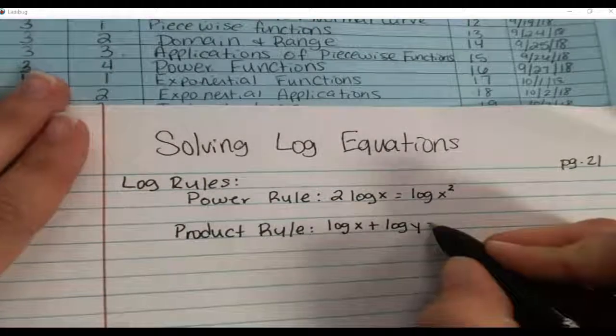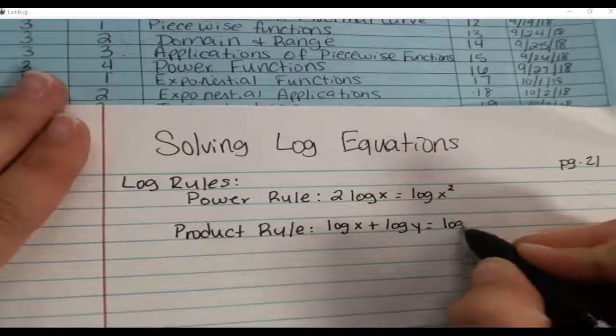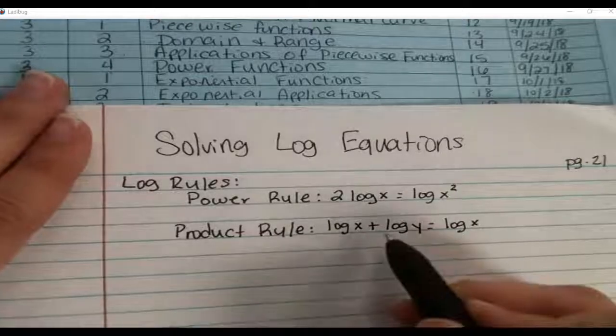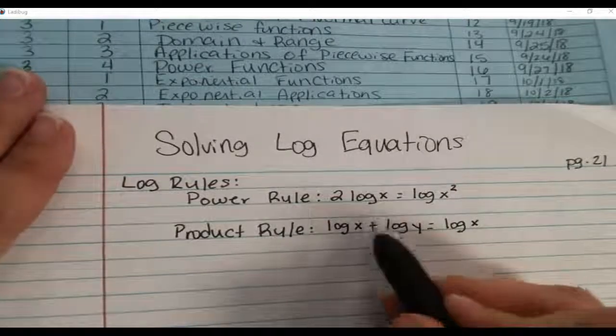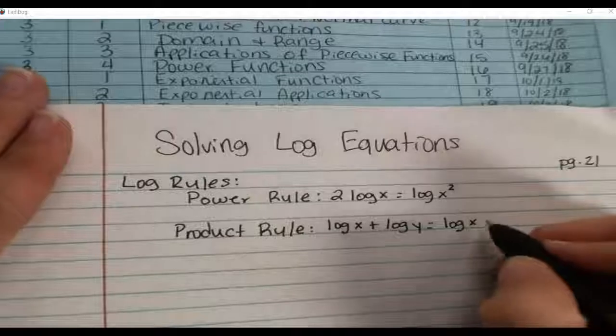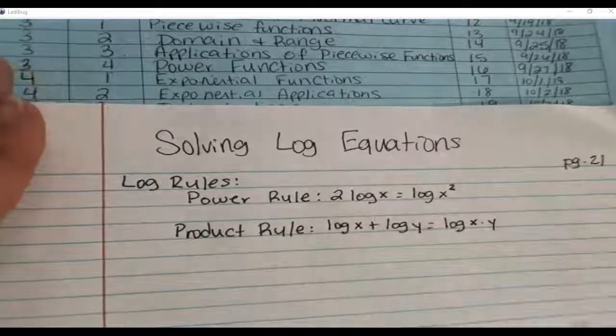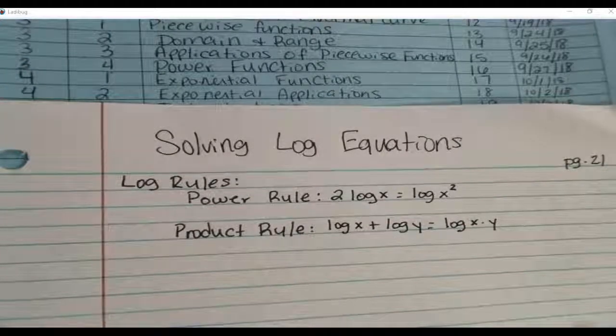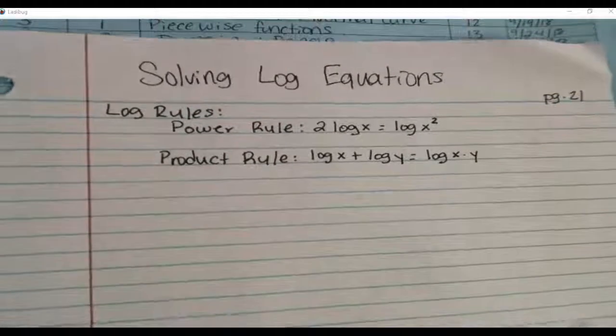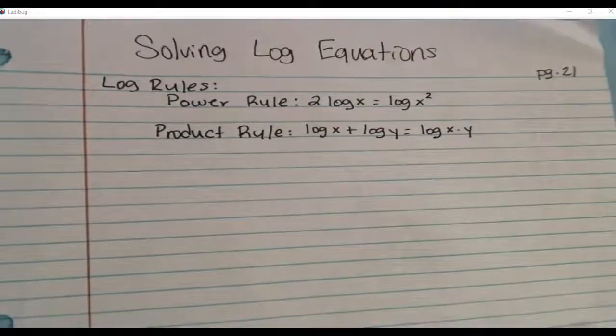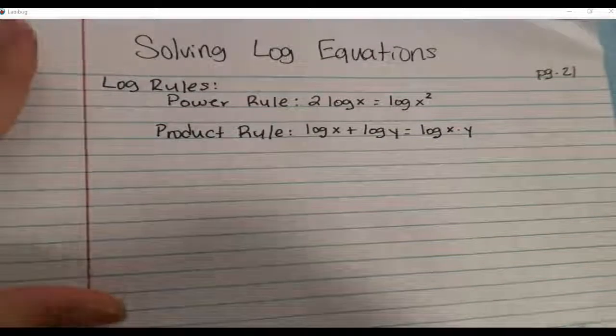And so addition becomes multiplication. So this becomes log of x times y. And again, if you think about your exponent rules, when you're multiplying bases, you add the exponents. So it's the same relationships, just the opposite.